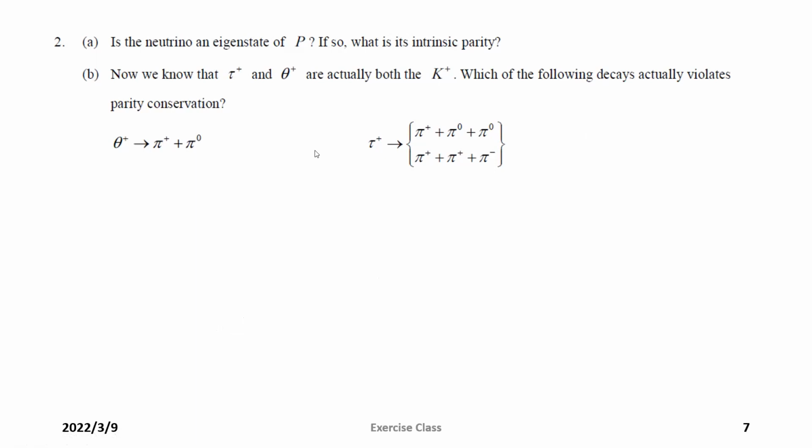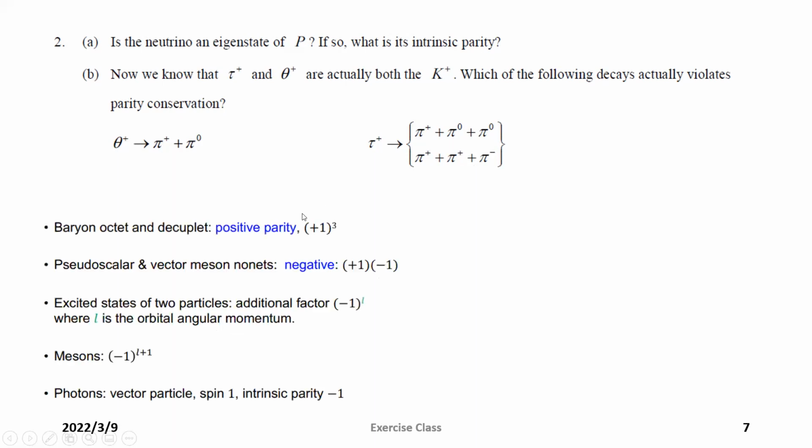And for part B, we want to know which of the processes violate parity conservation. To do this, we can refer to the lecture slides on calculating the intrinsic parity of the particles.